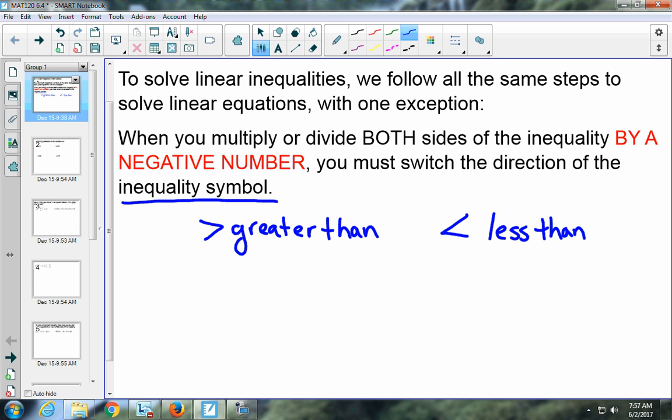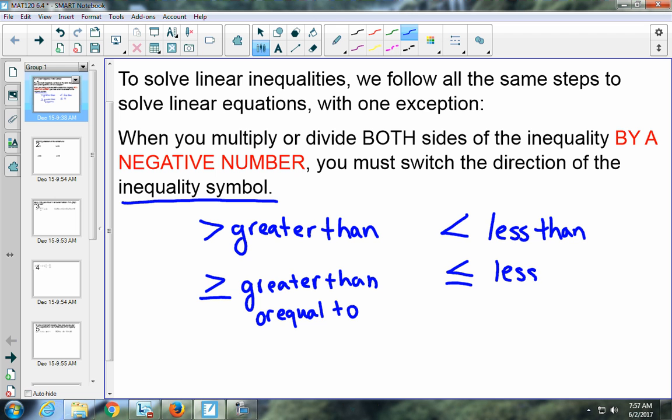You can take both of those symbols and put a line underneath them, and that line represents equal to. So this one on the left-hand side says that it's greater than or equal to. It can be either one. And same thing over here means less than or equal to.